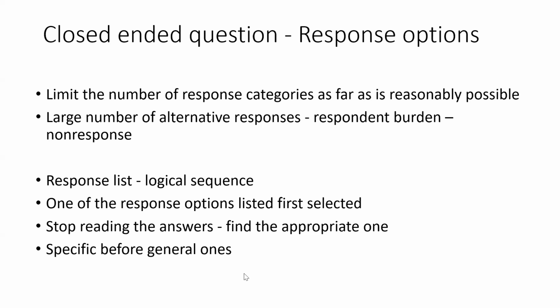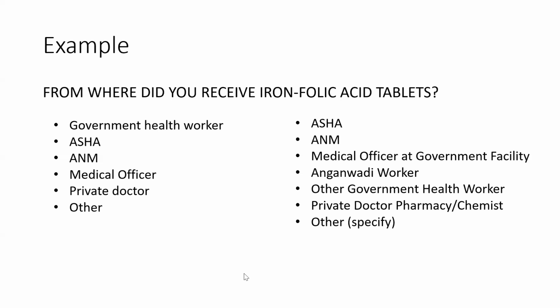So usually when you are placing your options, you should place the specific responses first and the general ones later on. What does this mean? Example: from where did you receive iron folic acid tablets? To the left, you see we have started with general and then gone to specific. So, government health worker. Now, if the response is a medical officer, the respondent may say government health worker, okay, yes, and just select that and go to the next question.